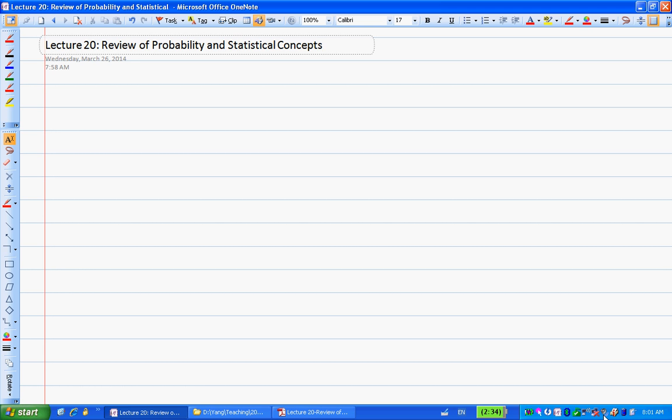The only catch is that in 254 the statistical concept is univariate, basically a single variable. What we're dealing with here is a multivariable situation. I just want to cover some of the concepts needed for the Kalman filter. So first of all, random variable.